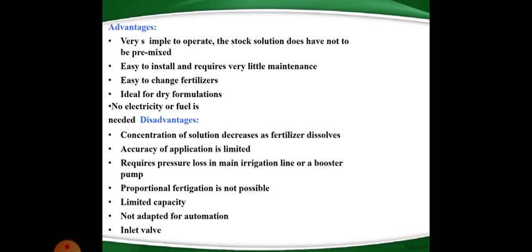And there are some disadvantages too, that are concentration of solution decreases as fertilizer dissolves, accuracy of application is limited, requires pressure loss in main irrigation line or a booster pump, proportional fertigation is not possible, limited capacity, not adapted for automation, inlet valve.